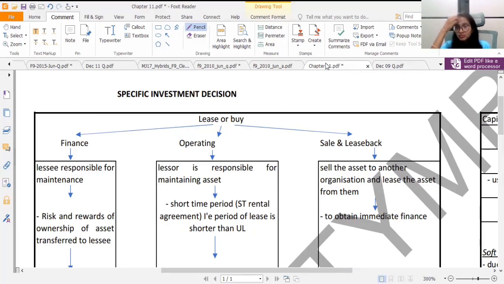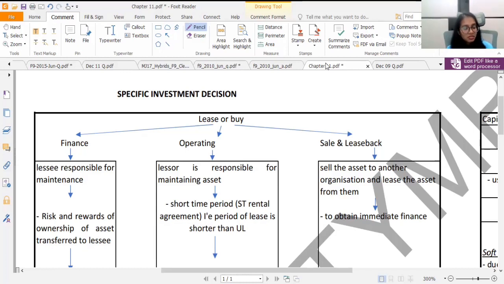So here, when you talk about lease or buy, you need to understand what the objective is. So guys, I always tell you this: whenever you are doing a question or a part or an area, your most important task is to ensure that you understand what it is that you are doing.